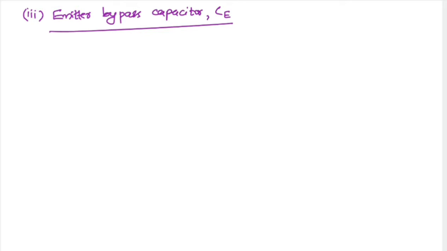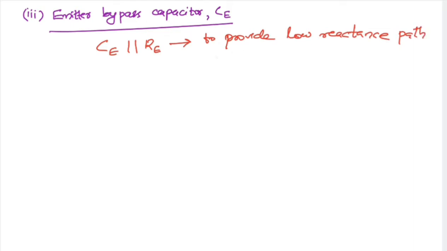It is always connected in parallel with RE and it will provide a low reactance path to the amplified AC signal. That is the role of the emitter bypass capacitor.